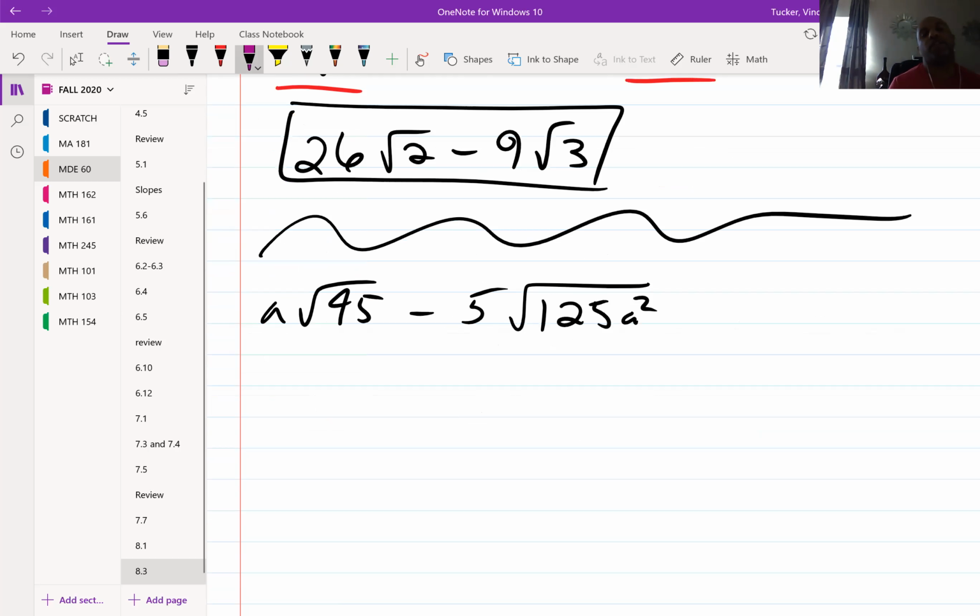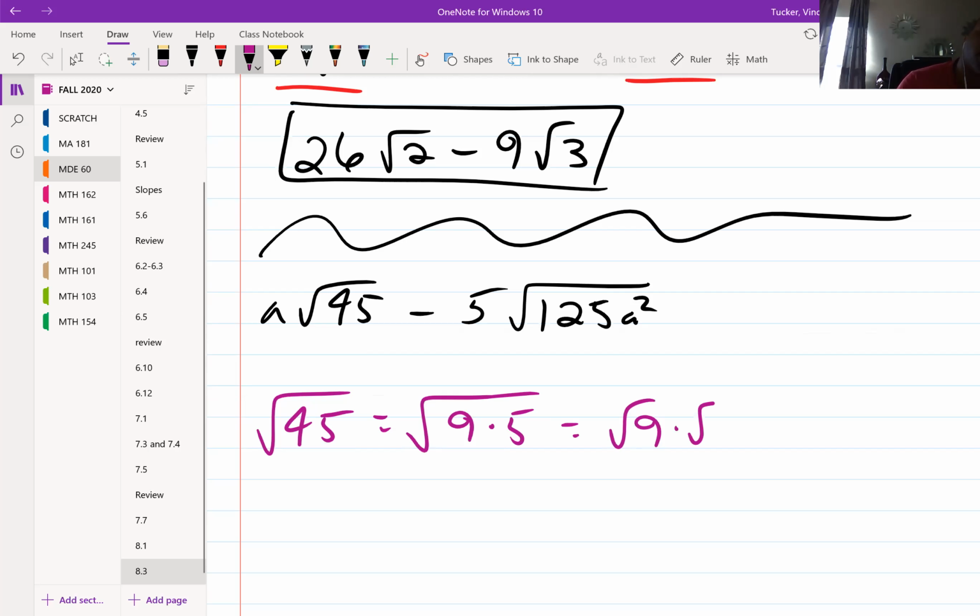So we have a times square root of 45 minus 5 times square root of 125a squared. So square root of 45, I break up into 9 times 5. That's 3 square root of 5.